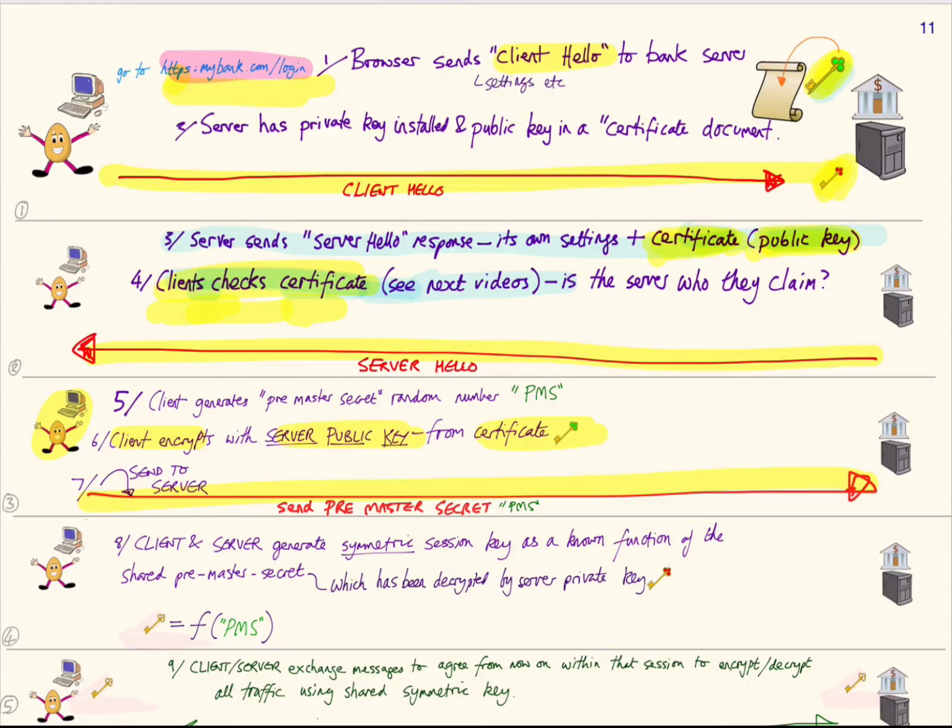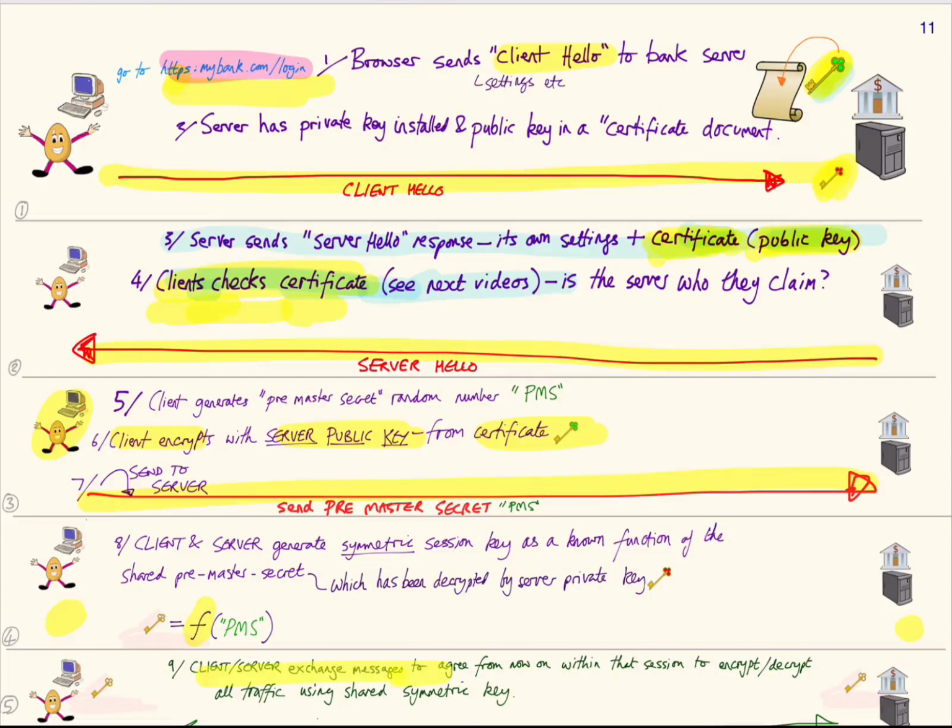They both put this number 25 through a function which is known to both sides, and it's a deterministic function. So effectively, the result of passing that pre-master secret through the function is going to be the same on the client side and the server side. And that number is basically the symmetric key that the client and the server are going to use for all subsequent communications in that session.